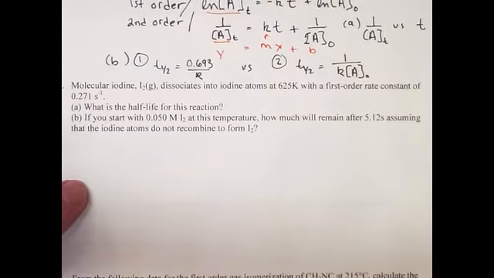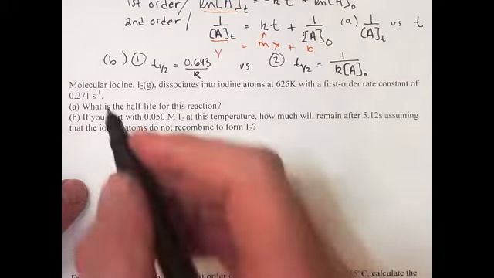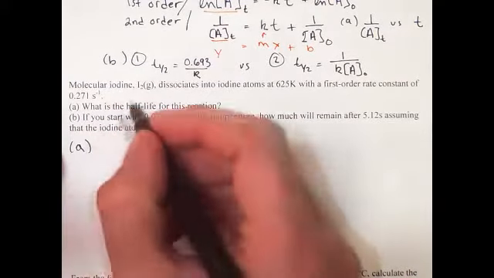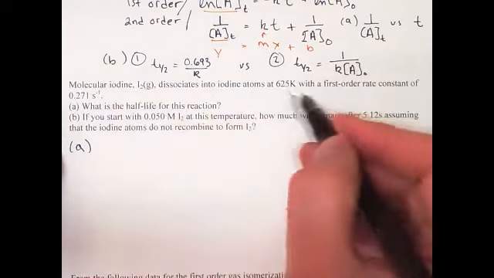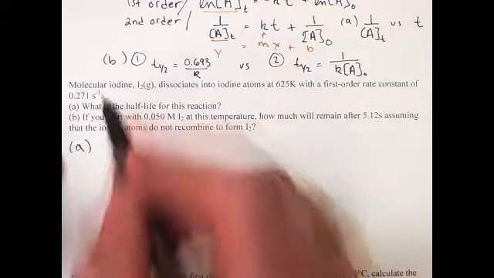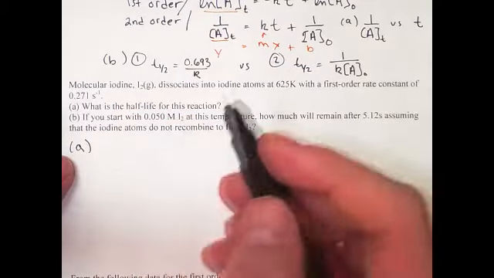So question 4 says molecular iodine I2 dissociates into iodine atoms at 625 Kelvin with a first order rate constant of 0.271 seconds to the negative 1. What is the half-life for this reaction? So first of all, the units on the rate constant tell us that it's first order anyway. Even if it didn't tell us first order here, the units will tell us because inverse seconds is a first order rate law constant.